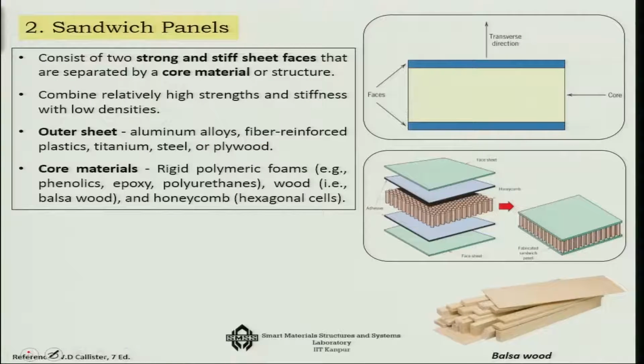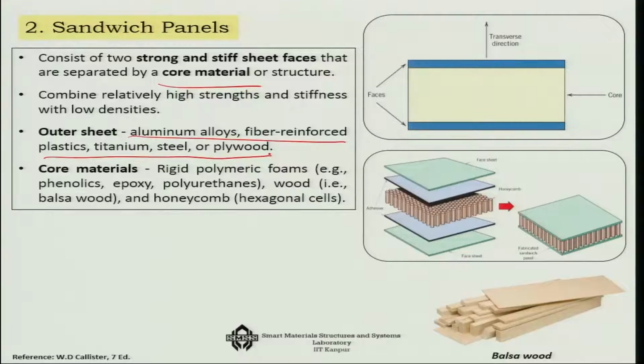The other structural variation is known as sandwich panels. It consists of 2 strong and stiff sheet faces that are separated by a core material or structure. Usually the core material is a honeycomb structure. They try to reduce the weight this way, and the outer sheet is made of aluminum alloys, fiber reinforced plastic, titanium, steel or plywood, and the core material is actually rigid polymeric foams.